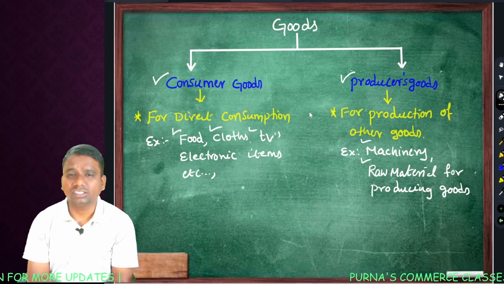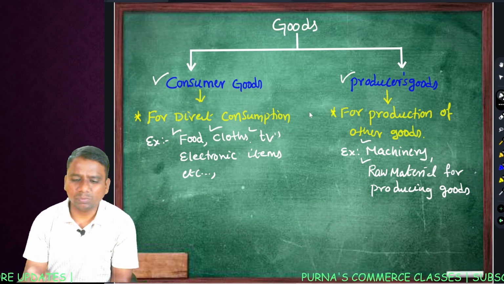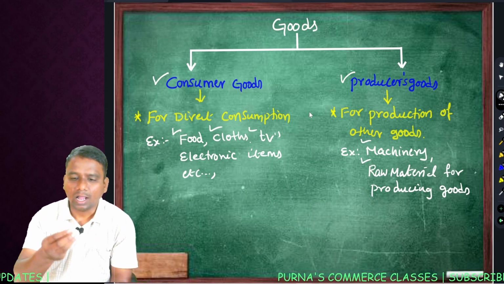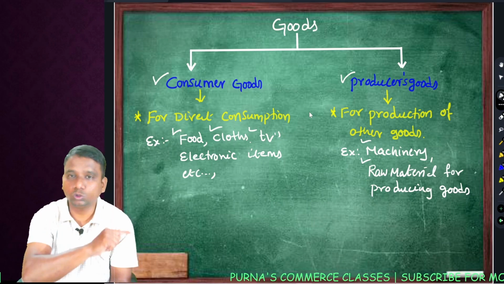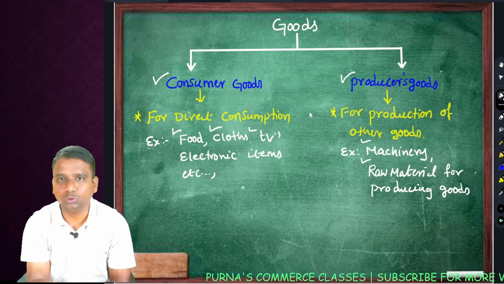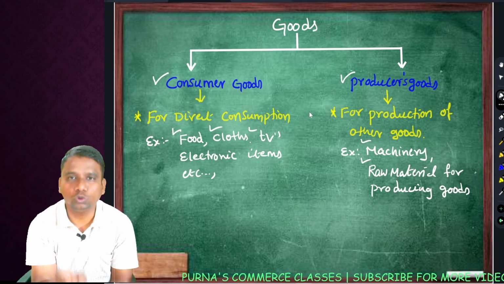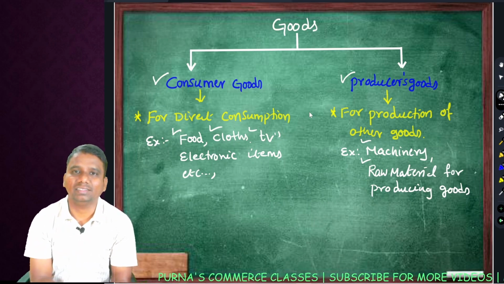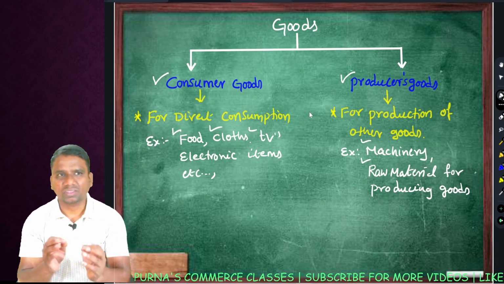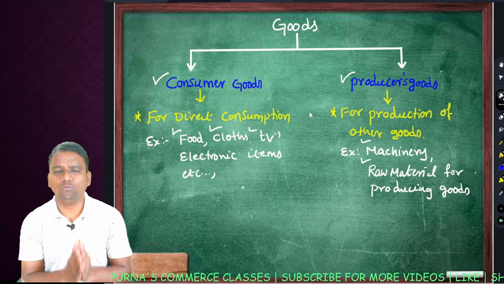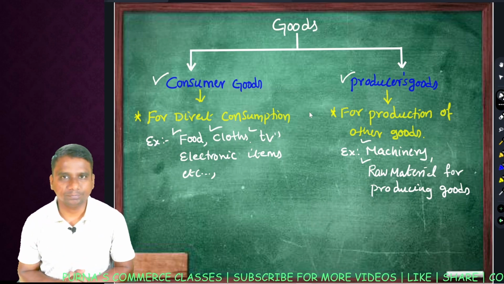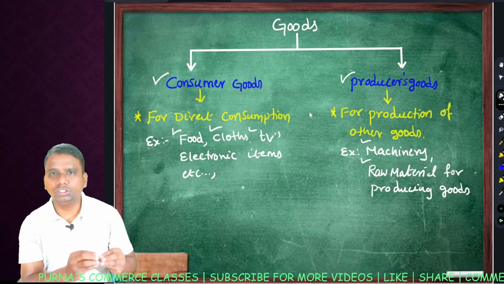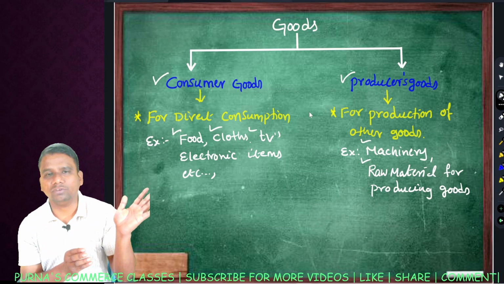And another one is producer goods. What is the meaning of producer goods? To produce the consumer goods, whatever inputs we use are called producer goods. I will give you a simple example. A mobile phone is a consumer good, as we directly consume that product. But for it to be consumed, it should first be manufactured.